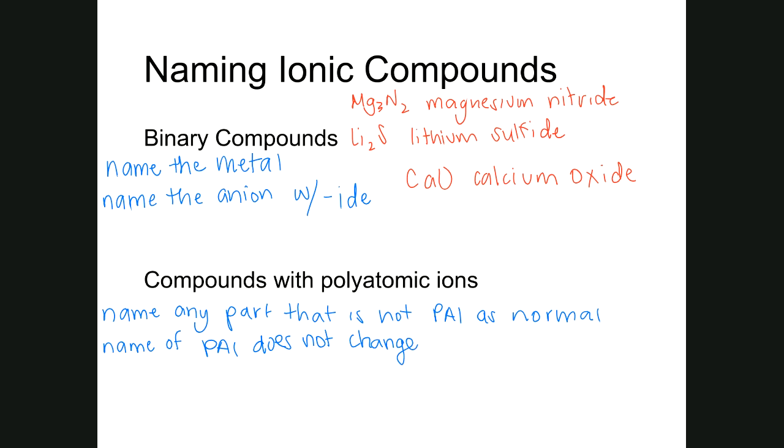So we had, for instance, NaNO3. So sodium is not considered a polyatomic ion, so we name it as normal, which is sodium. And then nitrate, the name of the polyatomic ion does not change. So this is sodium nitrate. We had K2SO4. So this would be potassium. Name of sulfate doesn't change.